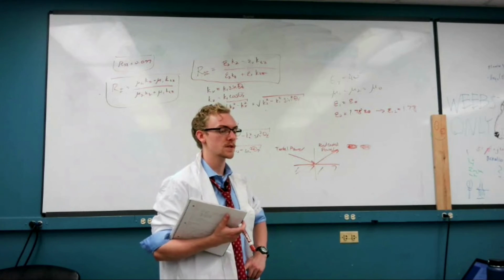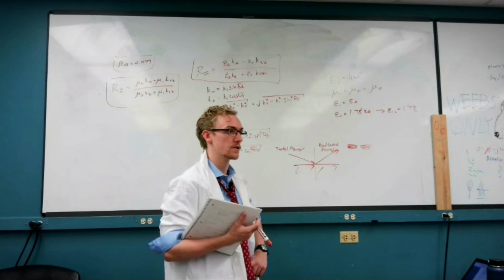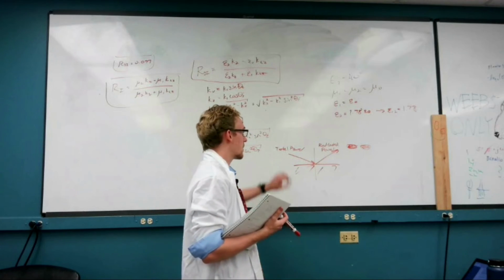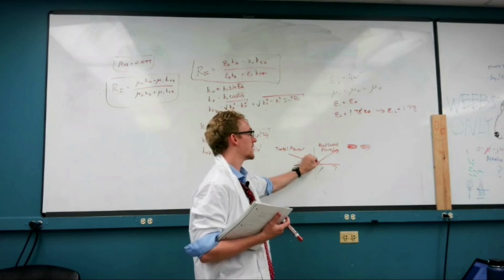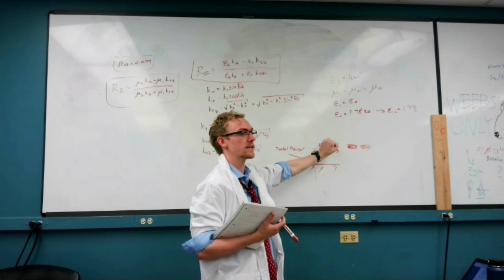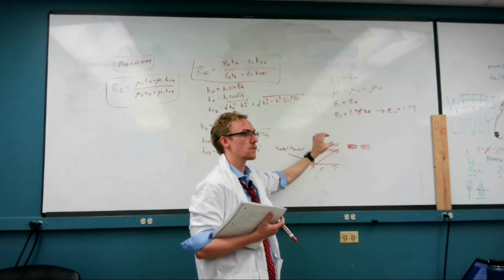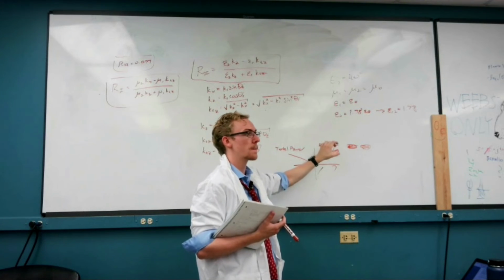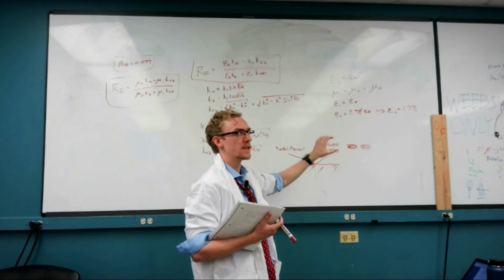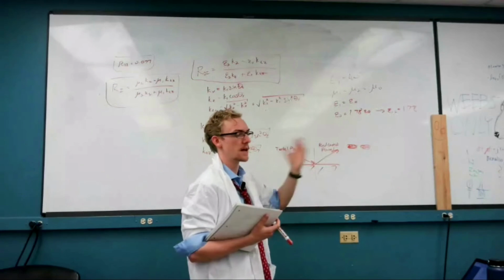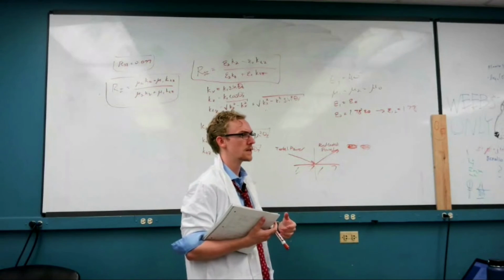So 50% of the total power is in the parallel polarization. You calculate what percentage of that power gets reflected off the surface, take that percentage number and multiply it by 50%. It's not quite like that, but you get what I'm saying?